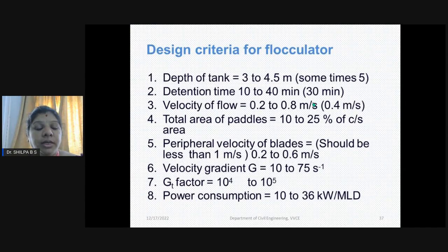So while designing the flocculator, these are the design criteria we need to keep in mind.